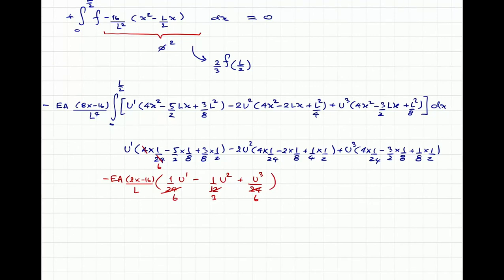If I push the minus 16 in, right now I have the EA, I have L over 2, which is beautiful, and I put in the 16, so I have the minus 16 over 6 U1 plus 16 over 6 over 3 U2 and minus 16 over 6 U3.